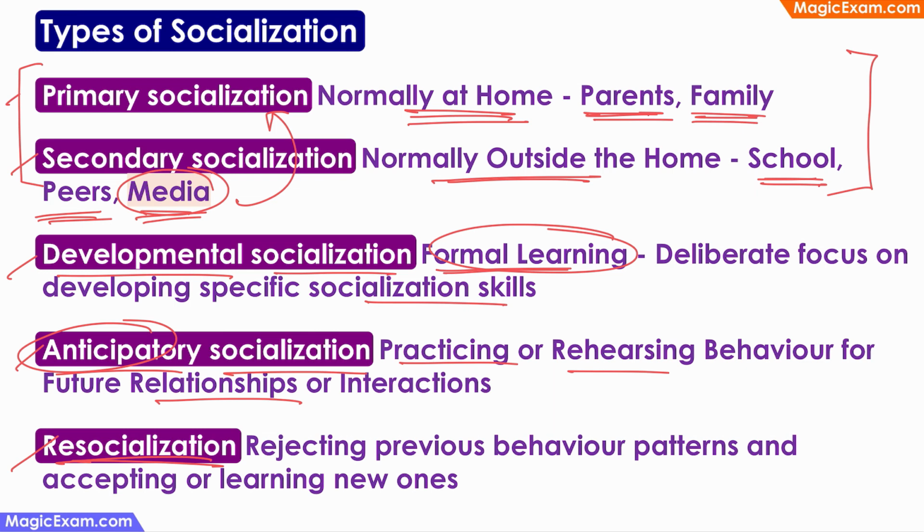You cannot drop into anybody's house unannounced or without prior notice. That is the kind of behavior that is acceptable in that country, whereas in India it might be a lot less formal. Therefore, an Indian who's relocating to any of these countries might need to reject the previous behavior patterns and learn some new patterns.